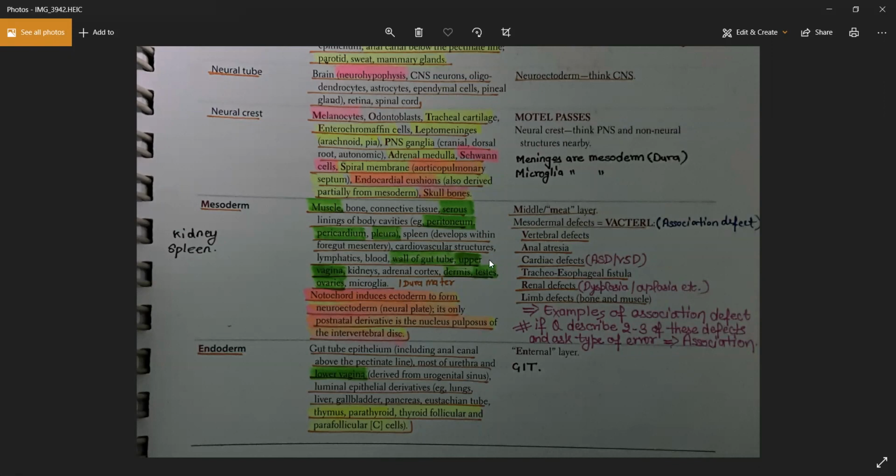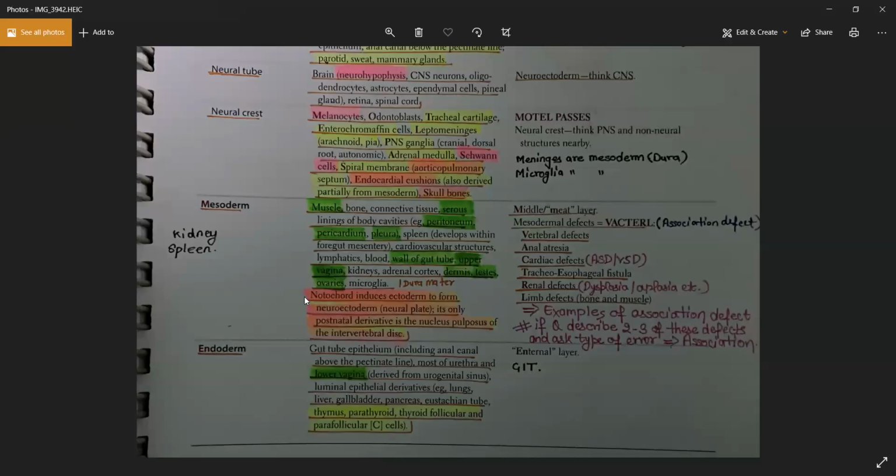Lymphatics, blood. The upper vagina is also formed by the mesoderm. Kidney formed by the mesoderm. Adrenal cortex, dermis, testes, ovaries, microglial cells in the brain. Remember the macrophages. So all the blood cells, all the blood products, they are all formed by the mesoderm, no matter where they're found.